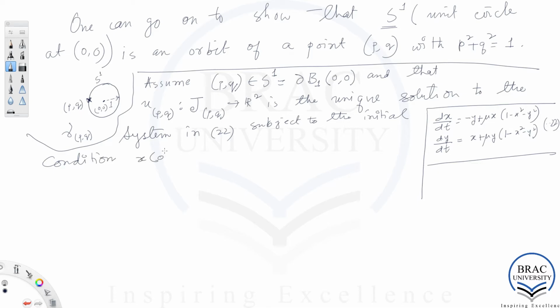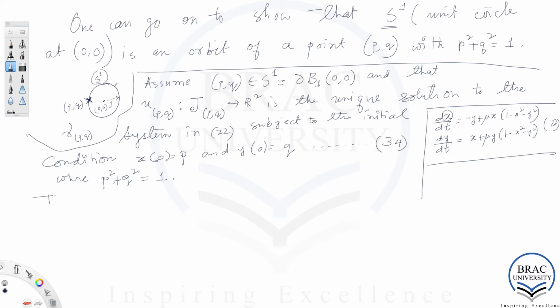x at 0 is p, this x at the initial time is p, and y at the initial time is q. This is our equation number 34, where we want (p, q) to lie on this circle, so where p square plus q square is equal to 1.